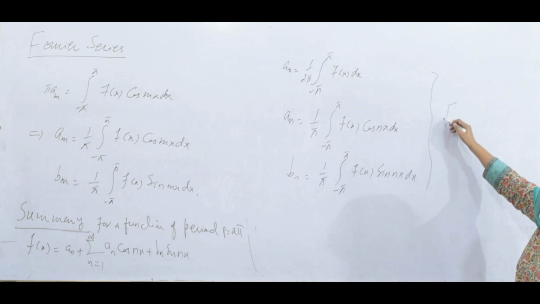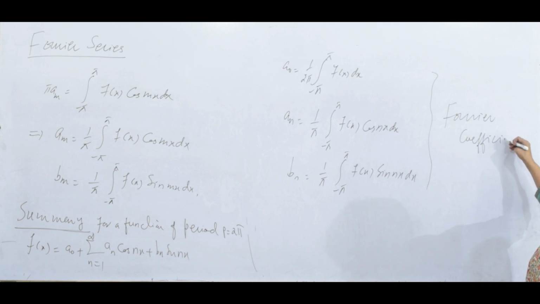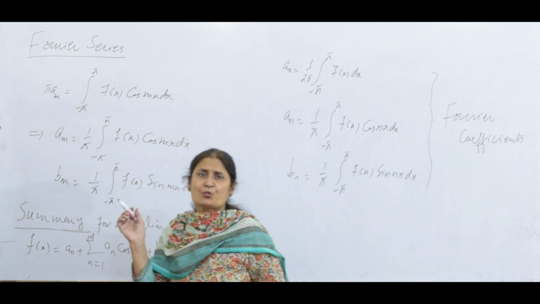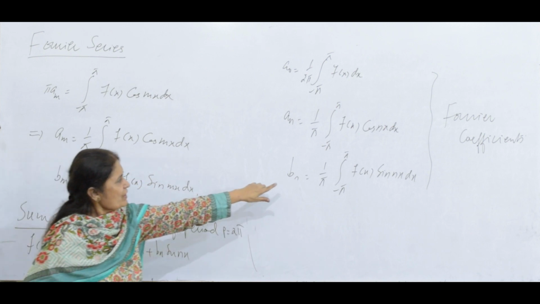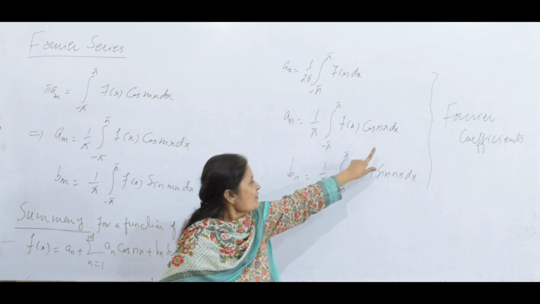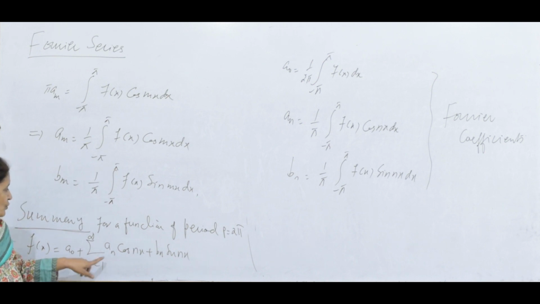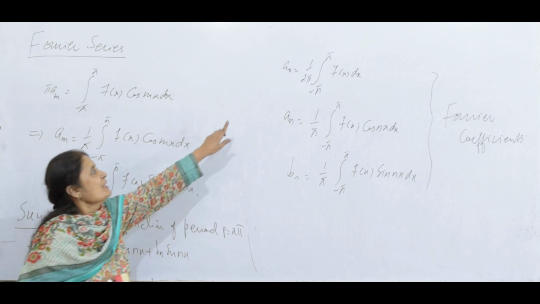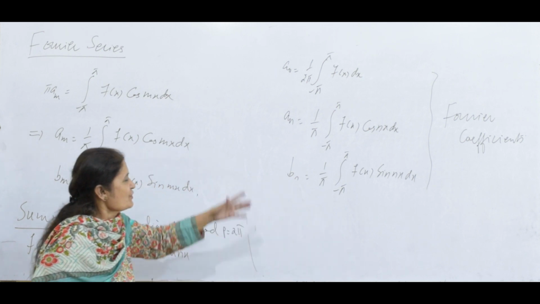These are the Fourier coefficients. When we derived the formula we were using m, so that subscript is changed accordingly. So we have b_n with sin nx, and a_n with cos nx, where n is an integer 1, 2, 3, 4, 5, 6, and so on. So this is the required Fourier series for a function whose period is 2 pi, with a naught, a_n and b_n as Fourier coefficients, which we have now determined.